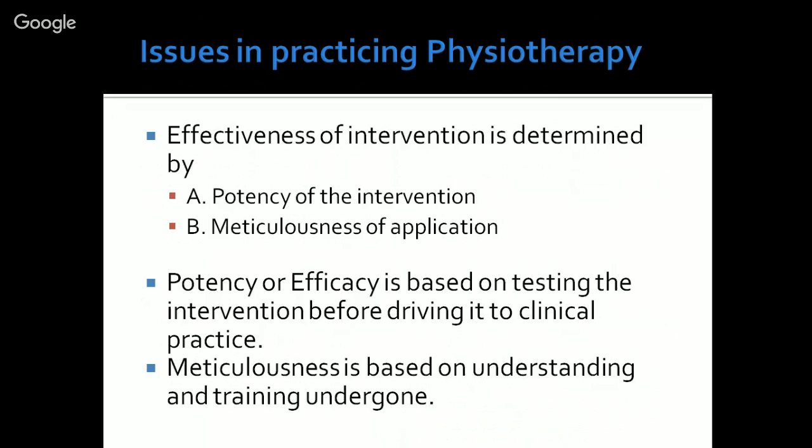And meticulousness is based on understanding and training undergone. Potency or efficacy is based on testing the intervention before driving it to clinical practice, and meticulousness is based on the individual therapist's understanding and the training process he undergoes before applying the therapy.